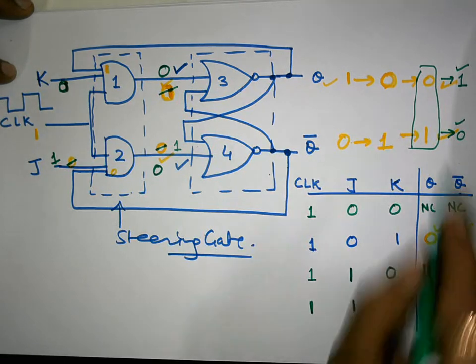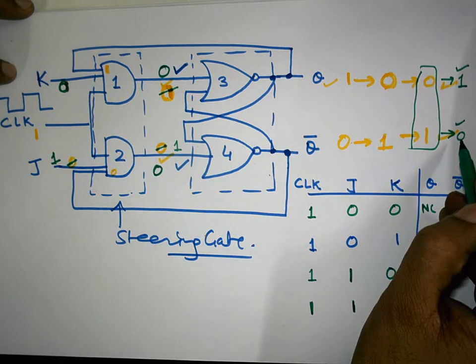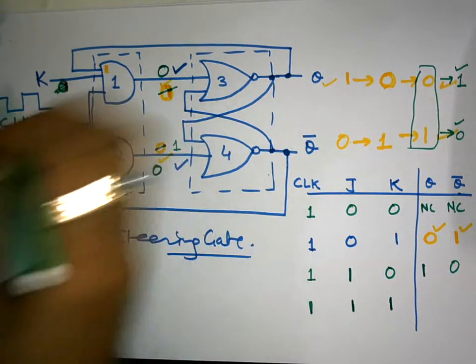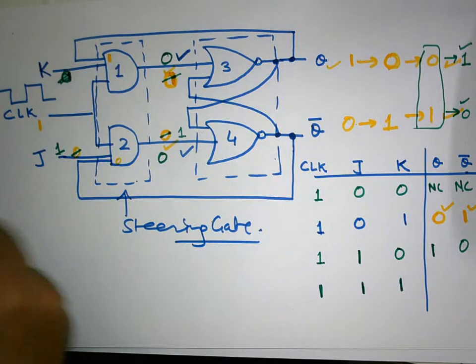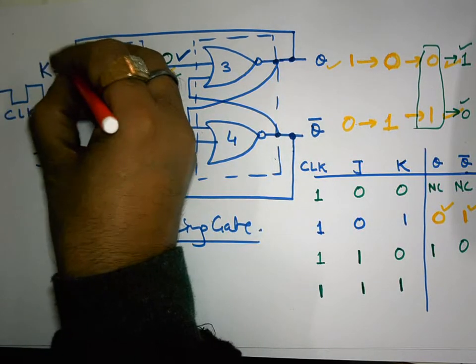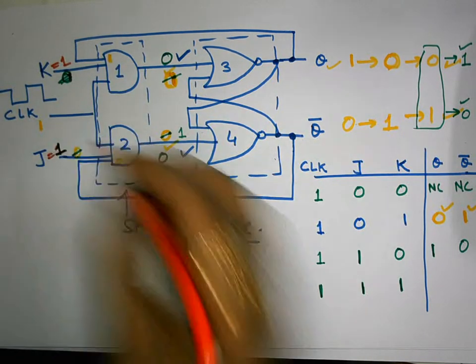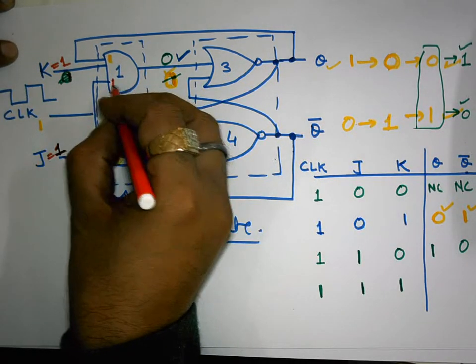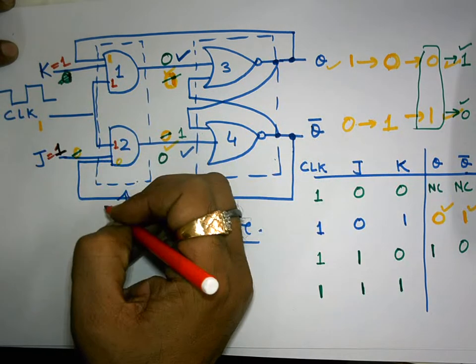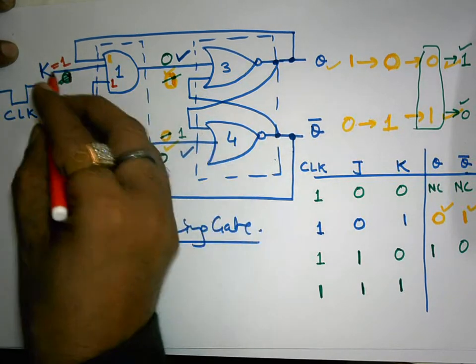Better to proceed with this 1 0, and let me change the pen also. We have now J equal to 1 and K equal to 1. Both the inputs are 1, both the inputs are high, and clock is high. Clock is high means 1 is reaching over here. Okay, the inputs themselves are 1.